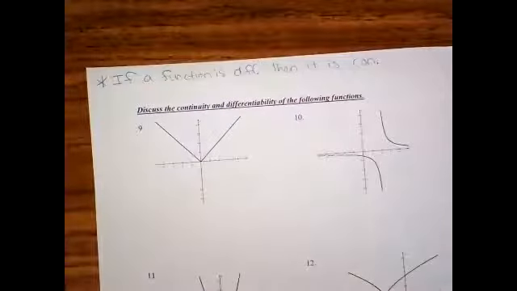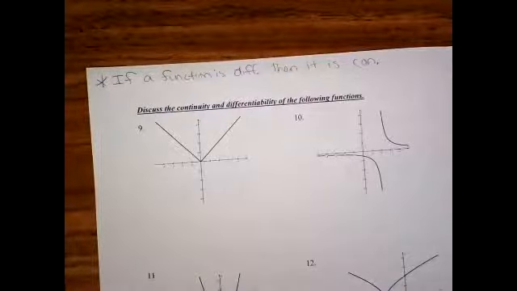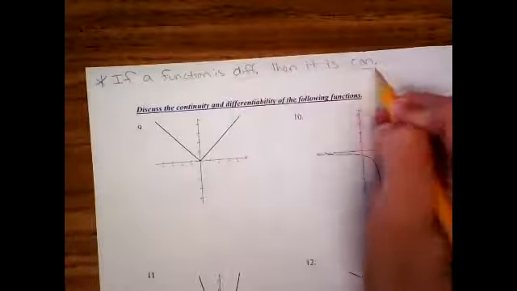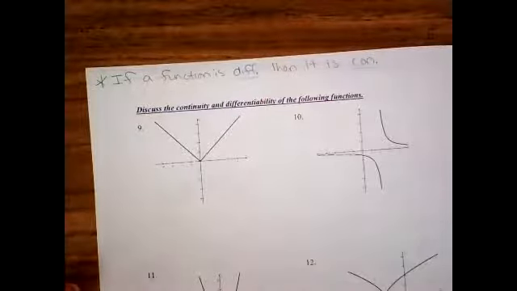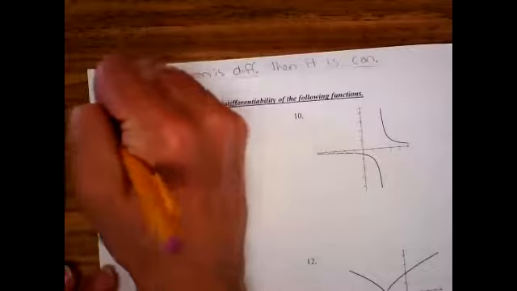If they tell you a function is differentiable, it's automatically continuous, so you can't have any discontinuity. That comes up a lot on the AP exam because they'll tell you something is differentiable and then ask you to prove something, and you have to realize the function's also continuous.